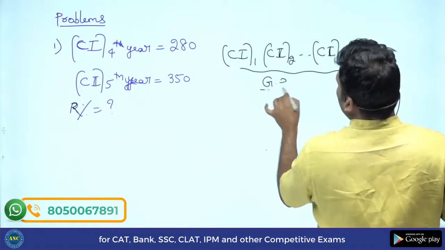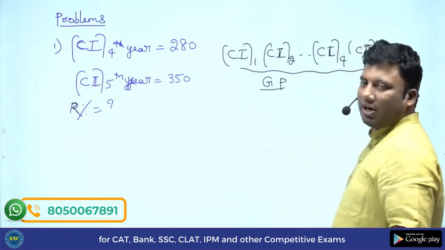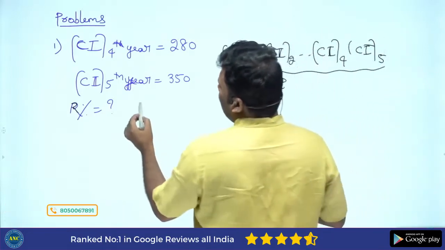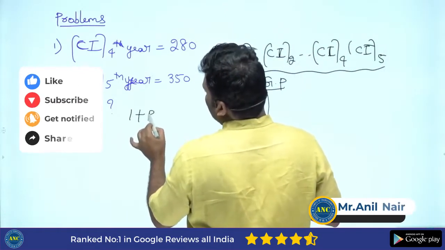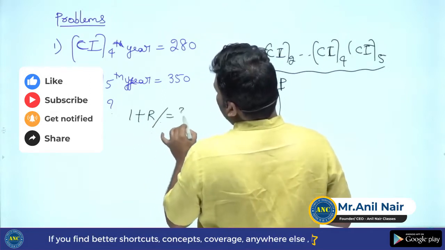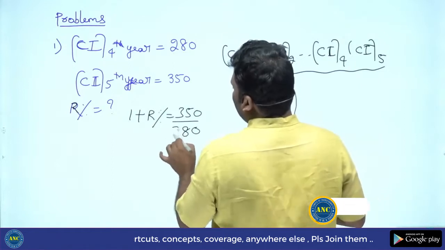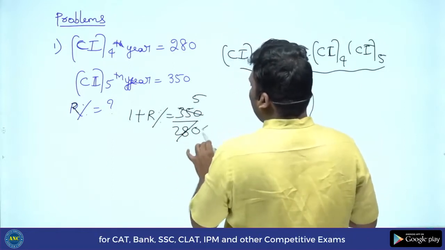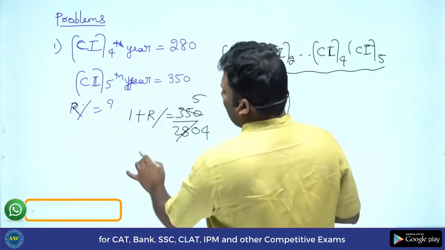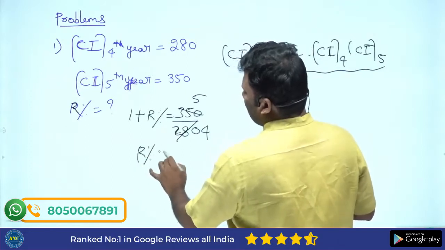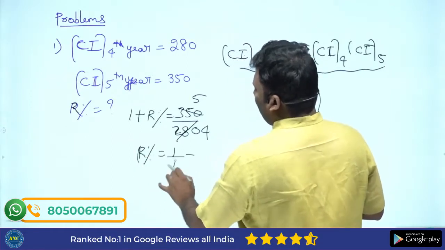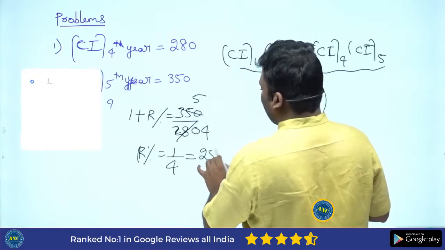Geometric progression. What is the common ratio? The common ratio is given by the scaling factor. 1 plus R percentage equals 350 by 280. So R percentage is 1 by 4, it is 25%.